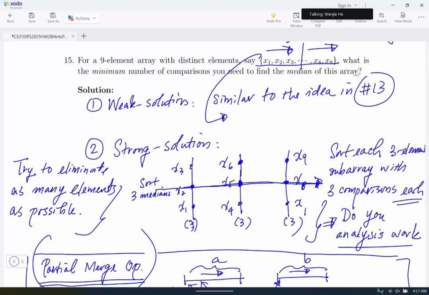It is the hardest question of this assignment. In order to get a strong solution, you really need to do some tough work. After your elimination, you need to do some tough work. But I think it is doable.